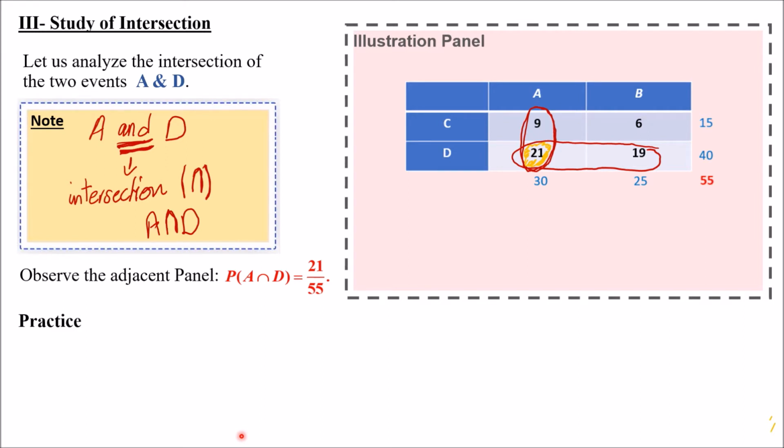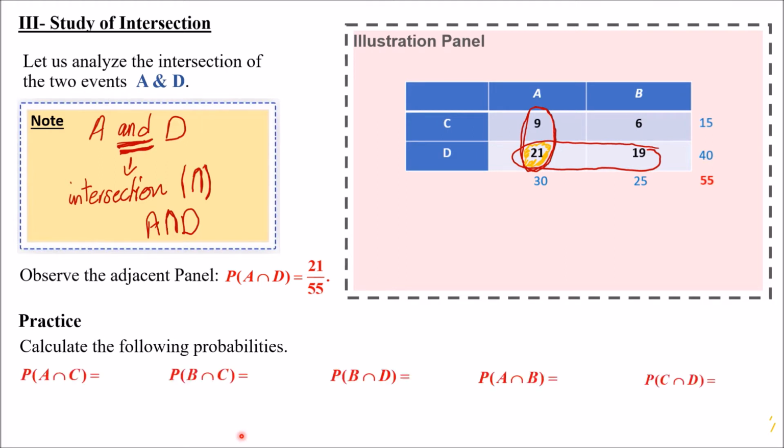Now let's have a practice about the intersection of events. Calculate the following probabilities. First, we have probability of A intersection C. Observe, this is A, event A, and intersection C. So C and A, they intersect here at 9. Therefore, the probability of A intersection C is equal to 9 over the total, which is 55.